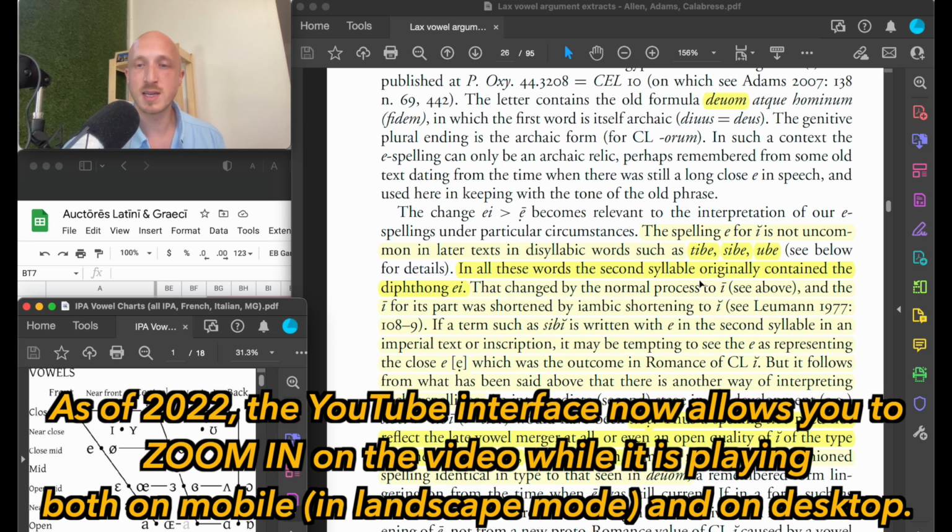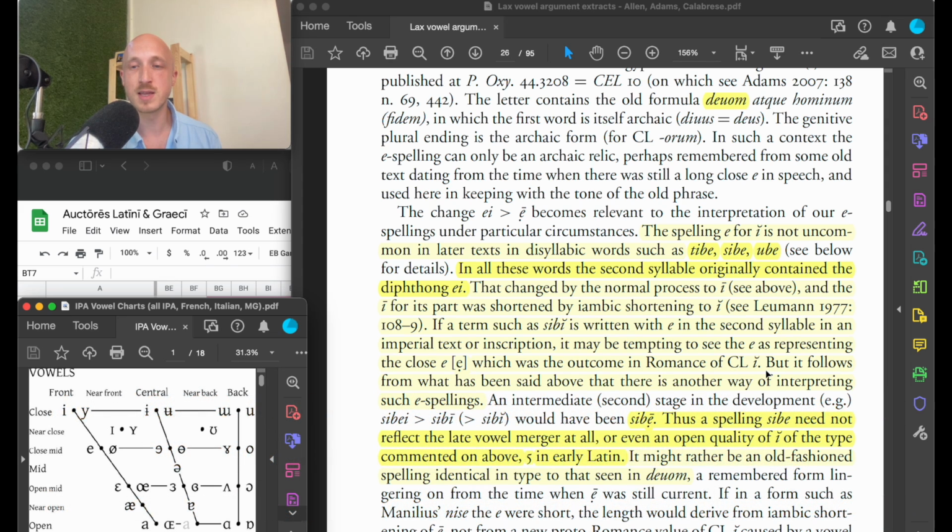In all these words, the second syllable originally contained the diphthong a. That changed by the normal process to e, and the e, for its part, was shortened by iambic shortening to I. If a term such as sibi is written with e in the second syllable in an imperial text or inscription, it may be tempting to see e as representing the close e, which was the outcome in Romance of classical Latin e.